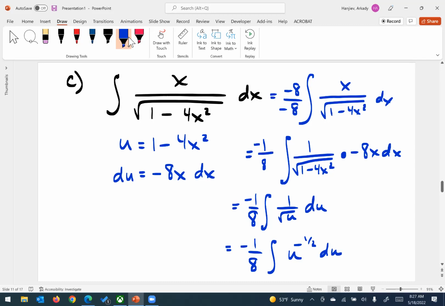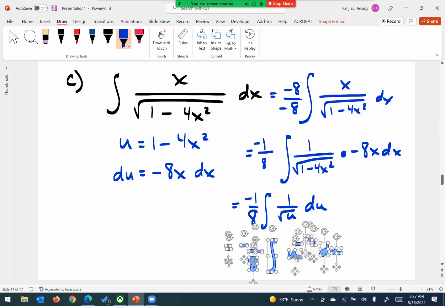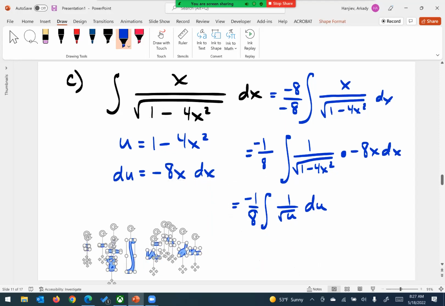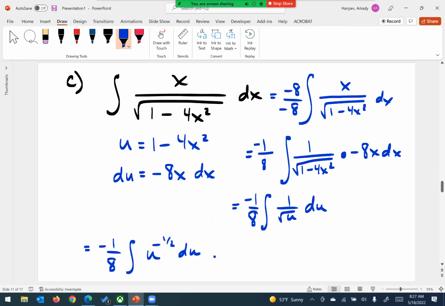Okay. Let's see, who did I pick on last, Nicholas. So Zechariah, tell me what should we do here? How do we undo u to the negative 1/2? Cool, okay. So my negative 1/8 is still here on the outside.